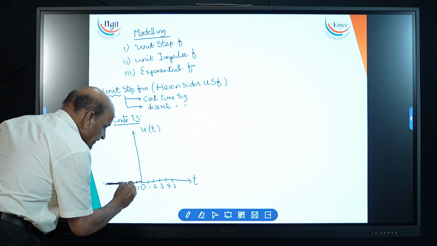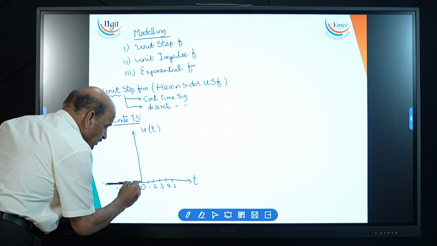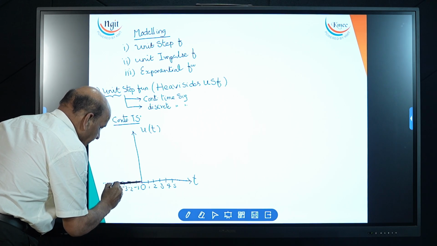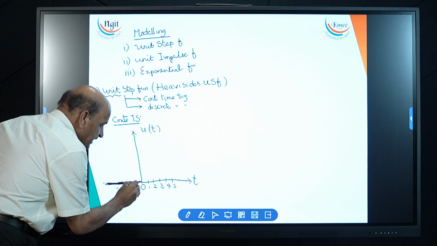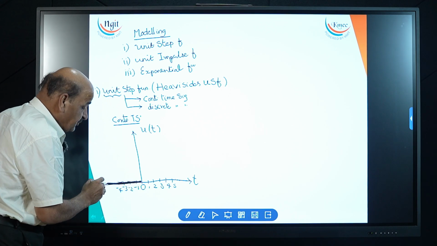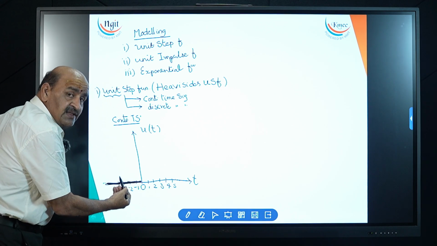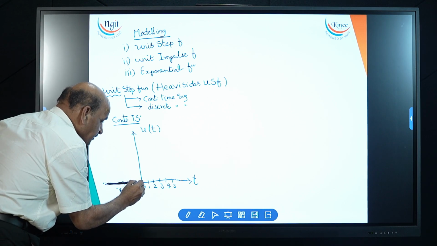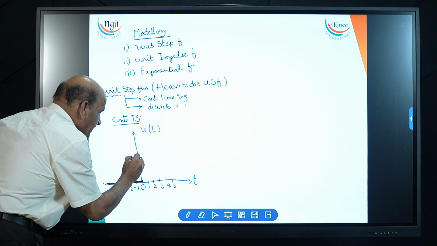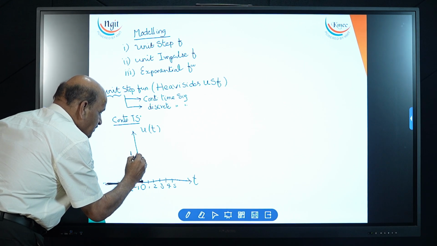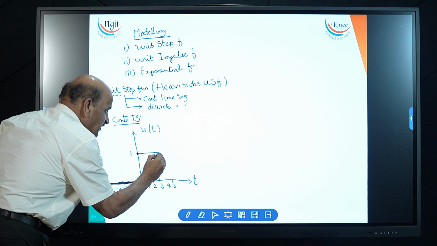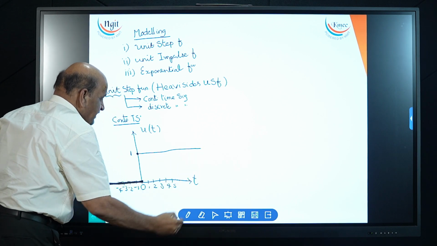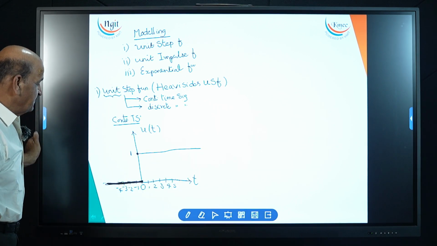Let us consider the thick line I am drawing. For all the values of t which are less than 0, its values are 0. This thick line represents 0. Whenever it reaches 0 onwards, it suddenly rises to the amplitude 1, and for all values the graph continues like this.